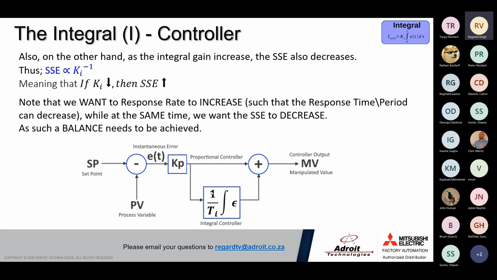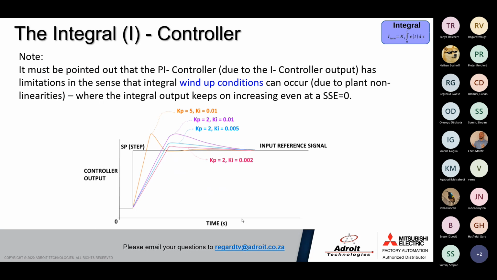As you can see, it's a 1 over Ti, so it's the opposite of that value. Just to be clear, this is a closed loop control system. This process variable here would be the output from the plant, which comes back as a feedback signal for measurement of the errors.